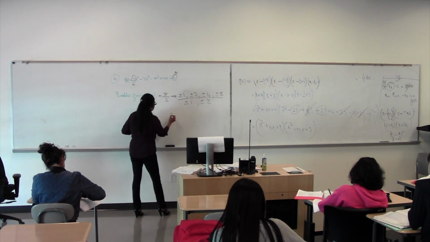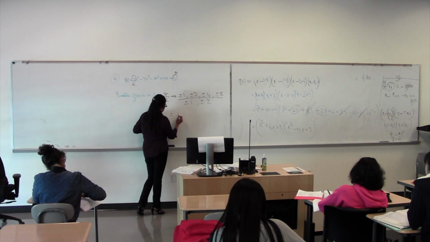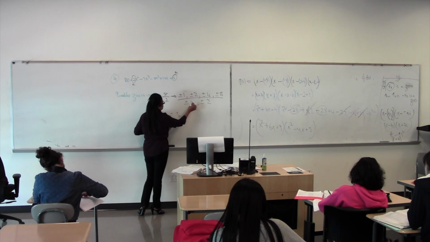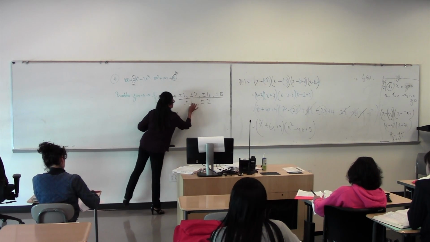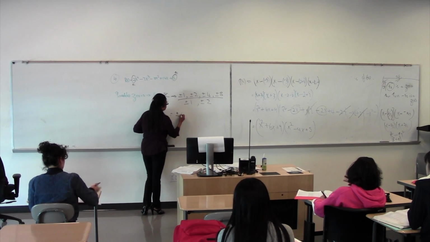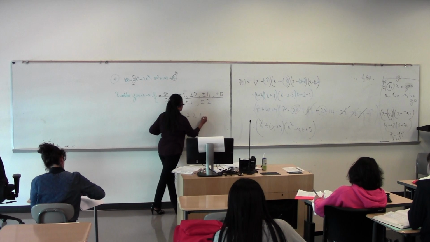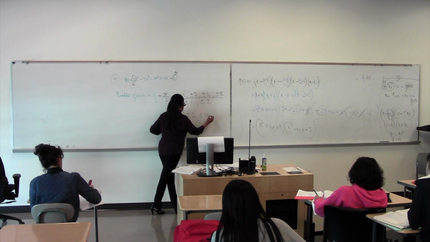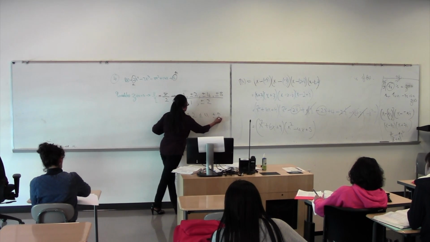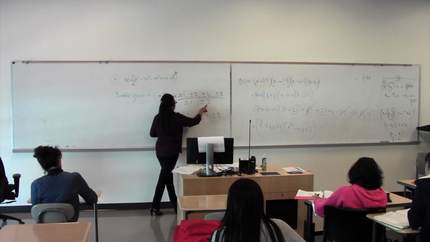So now what do we get here? Plus or minus 1, so you use all four: plus or minus 1, 2, 4, and 8, because you divide by 1. Now you have to use 2.